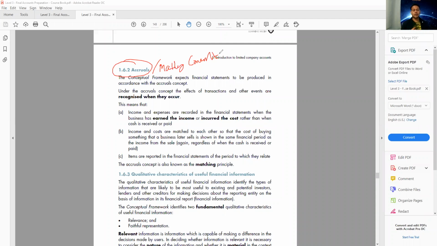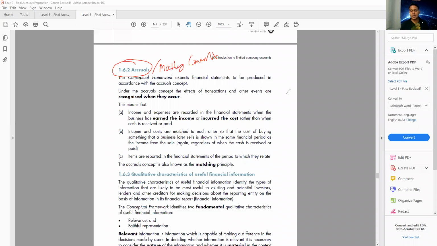The accrual concept is the concept where we match the income against the expenditure. If I want to say it in a simple way, if any expenditure happened for this period, I record it for this period, doesn't matter whether I received the money or not.